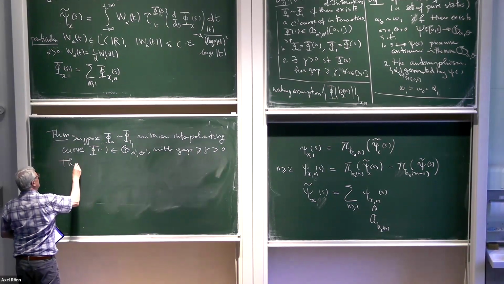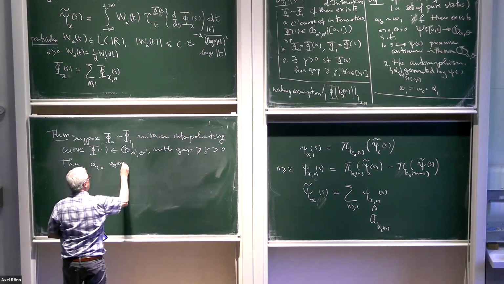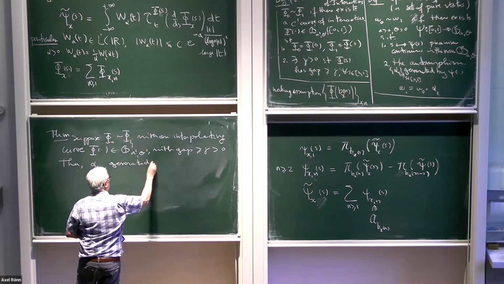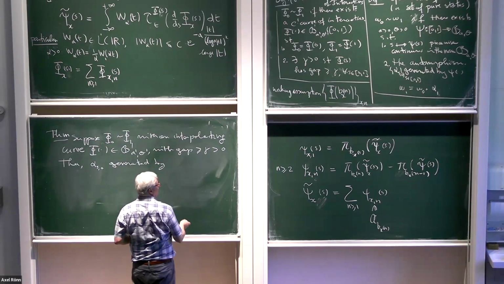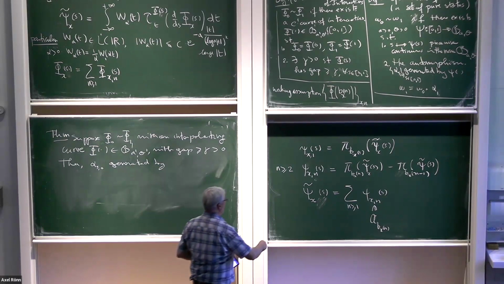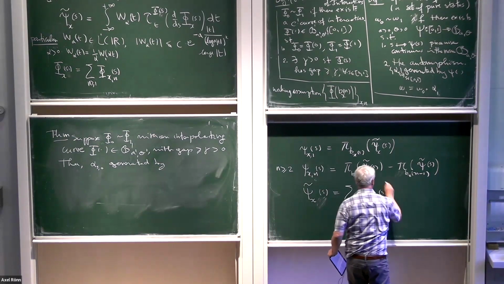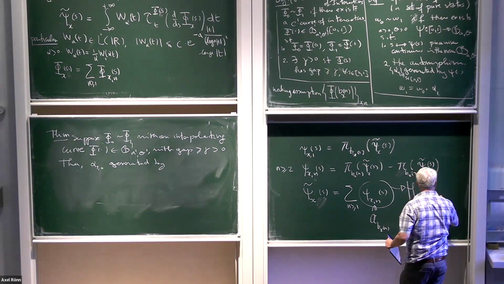Then the alpha s, or if you want, alpha s0, generated by... I should have given it the name, I mentioned it. So this is what I'm going to refer to as the Hastings interaction.